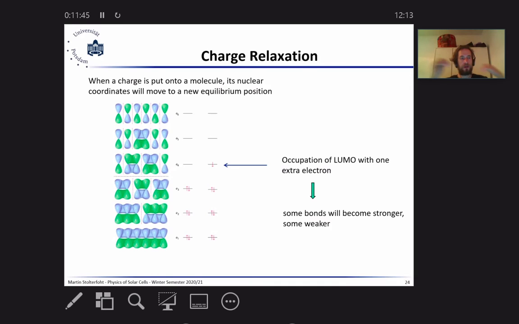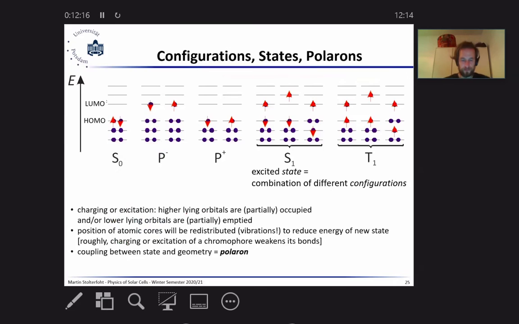When the molecule is excited, because there's such a strong interaction between the electrons, because the dielectric constant is low, any excited state will cause a massive disruption to the molecular configuration. So the molecules will rearrange when there is an extra electron added to the system, for example.